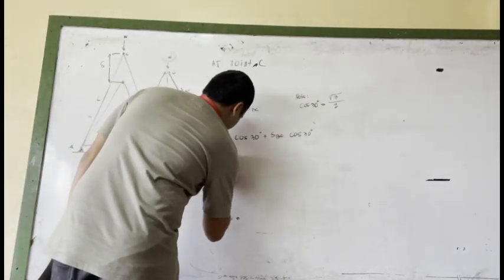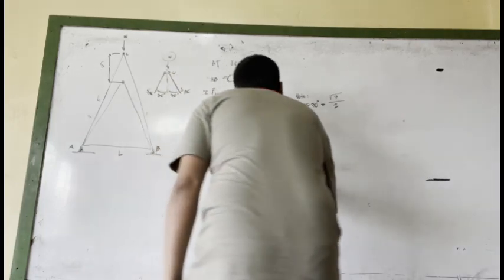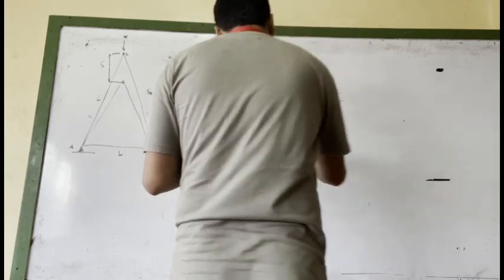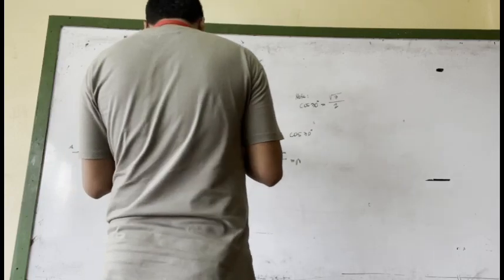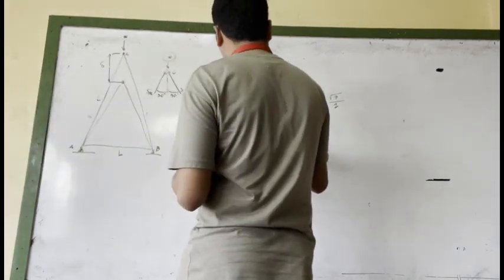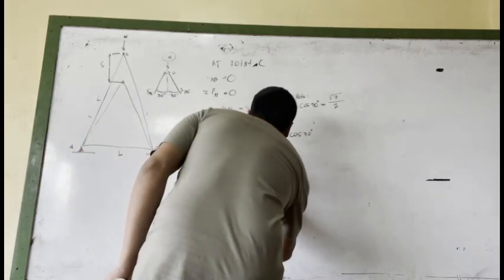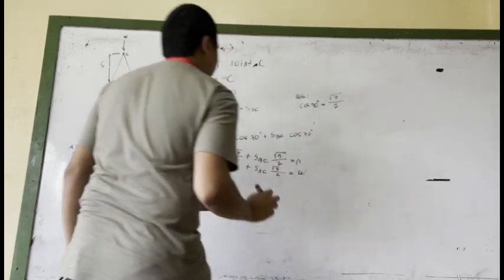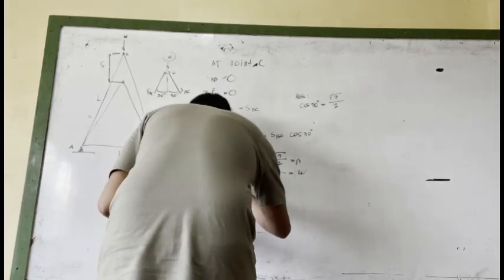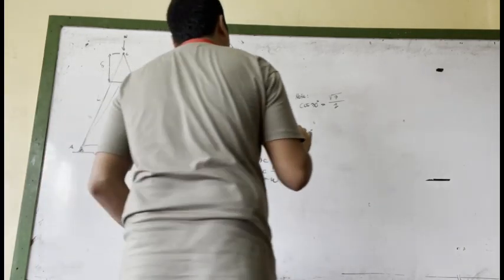So we have S_AC times square root of 3 over 2, plus S_BC times square root of 3 over 2, which is equal to W. Now we substitute the value of S_BC as S_AC. So S_AC root 3 over 2 plus S_AC root 3 over 2 equals, doubled, and then adding since it is the same symbol, we have square root of 3 times S_AC equals W. So that is the value of S_AC.